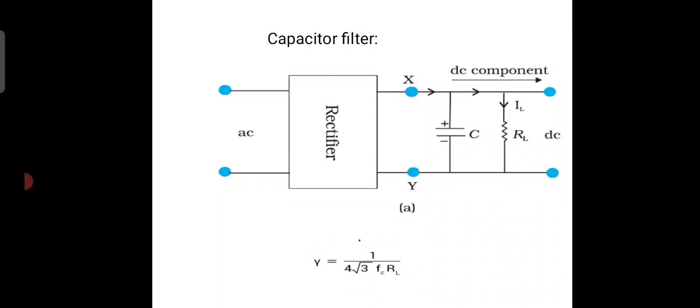We know that the AC signal consists of both positive pulse and negative pulse. During the positive pulse, the capacitor is charged and stores the energy as an electrostatic field. When the voltage falls, which means when a negative pulse reaches, the capacitor discharges, giving back the stored energy to the circuit.